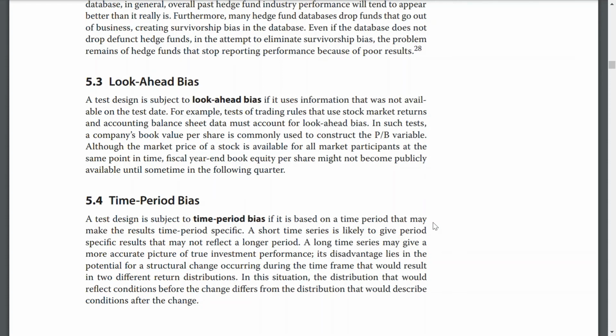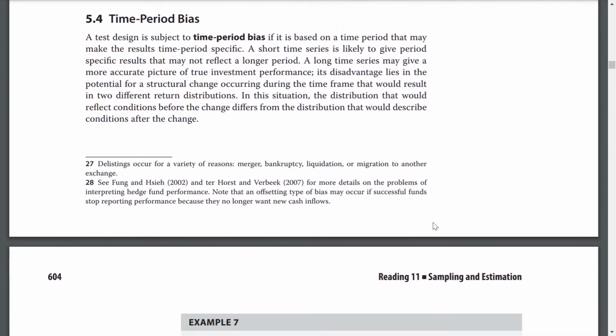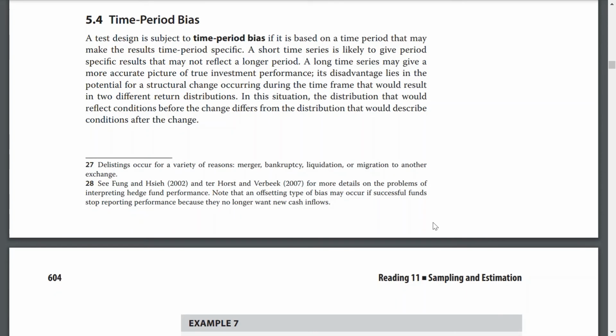Time period bias. A test design is subject to time period bias if it is based on a time period that may make the results time period specific. A short time series is likely to give period-specific results that may not reflect a longer period.